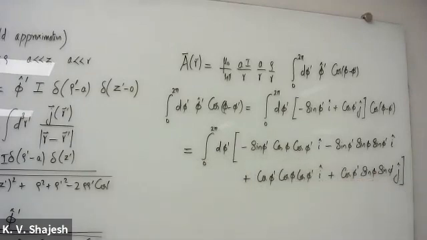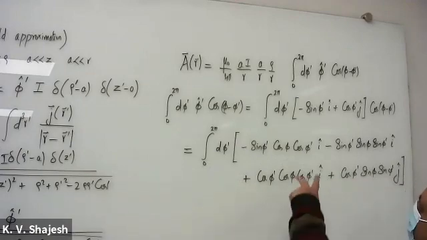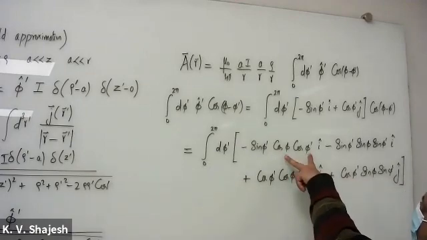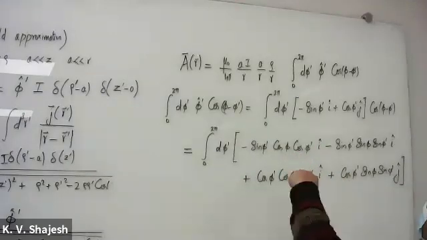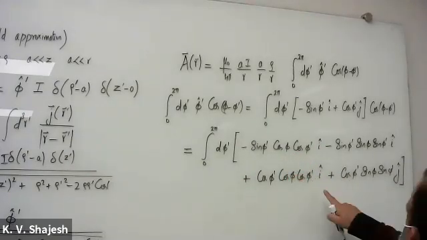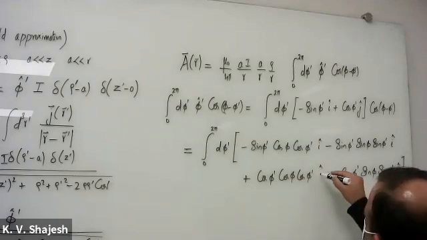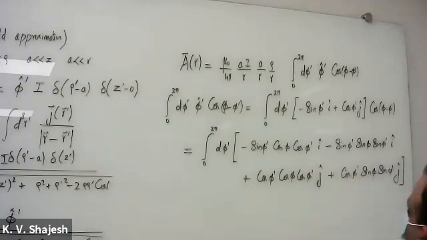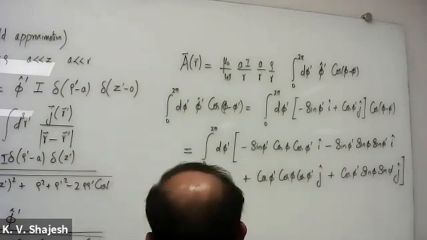Let me collect certain terms. Notice that there is a cosine. Okay, that's j hat. Yeah, so let me write it in the following way.